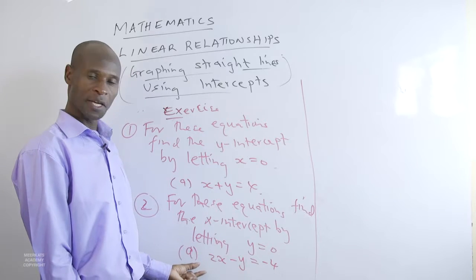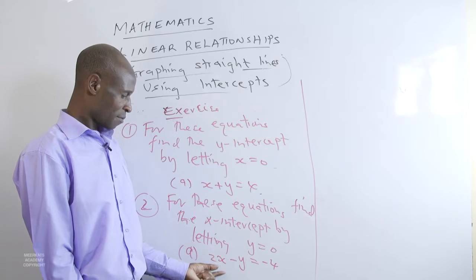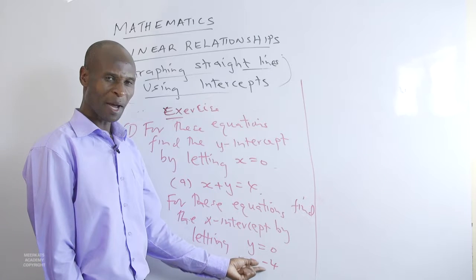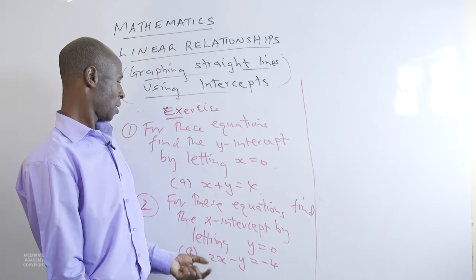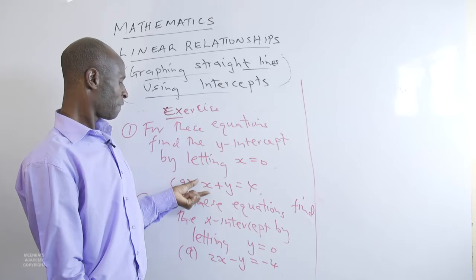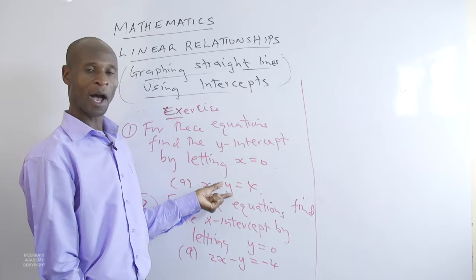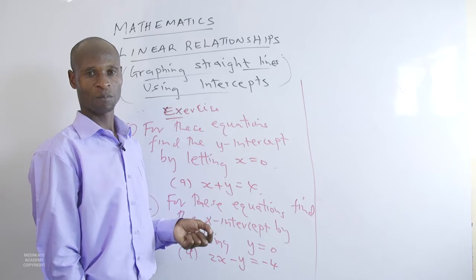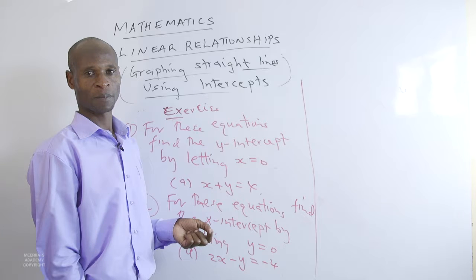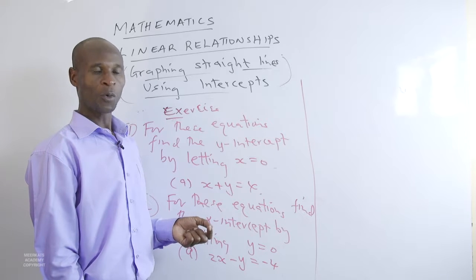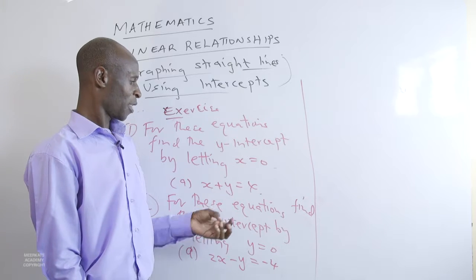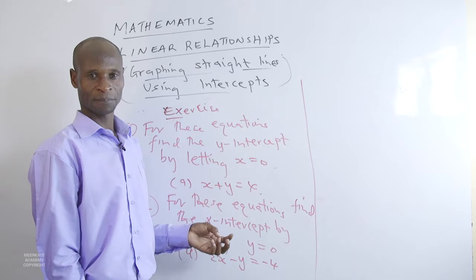And the equation is 2x minus y is equal to minus 4. In the first question, the equation is x plus y is equal to 4. So we can do that within some few minutes.